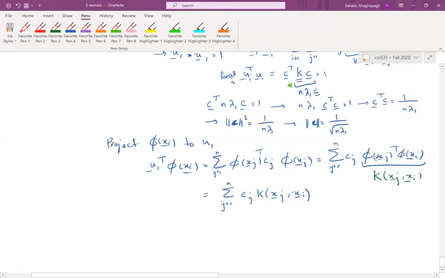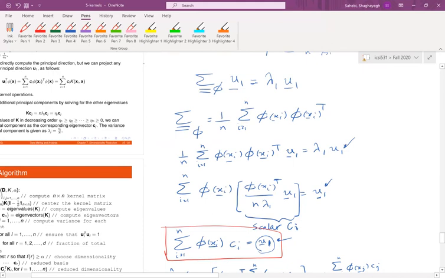All right. So now that we can project our data points onto the kernel PCA axis, we can easily work with this new data. So this is for the first direction of kernel PCA. For the next directions, we are going to look at the second eigenvector, the third one, etc.